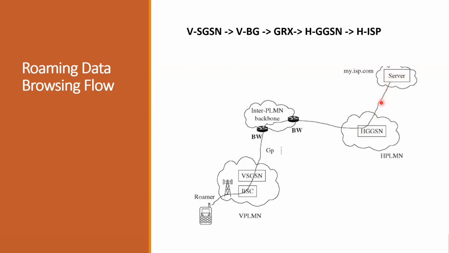Its response follows the same path via the border gateway and international links towards your visitor border gateway, SGSN, BSC, or SGW, eNodeB, and towards the specific user. So it's visitor SGSN, visitor BG, GRX, home GGSN, and home ISP.